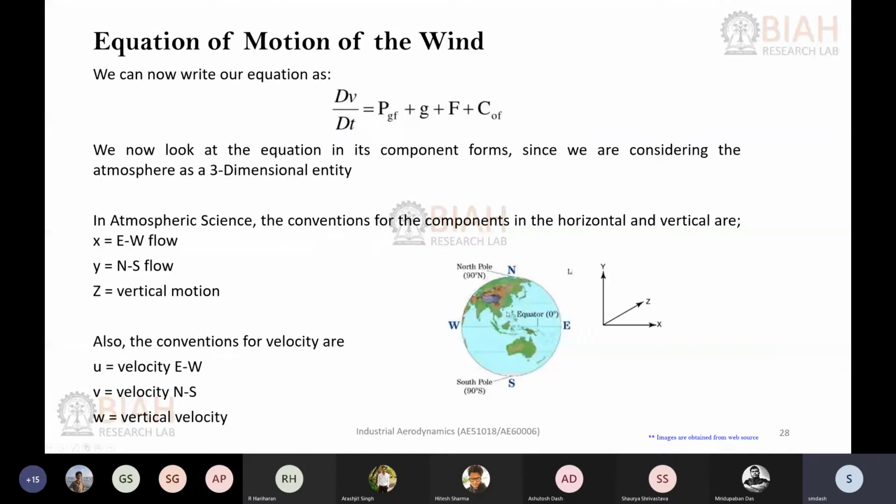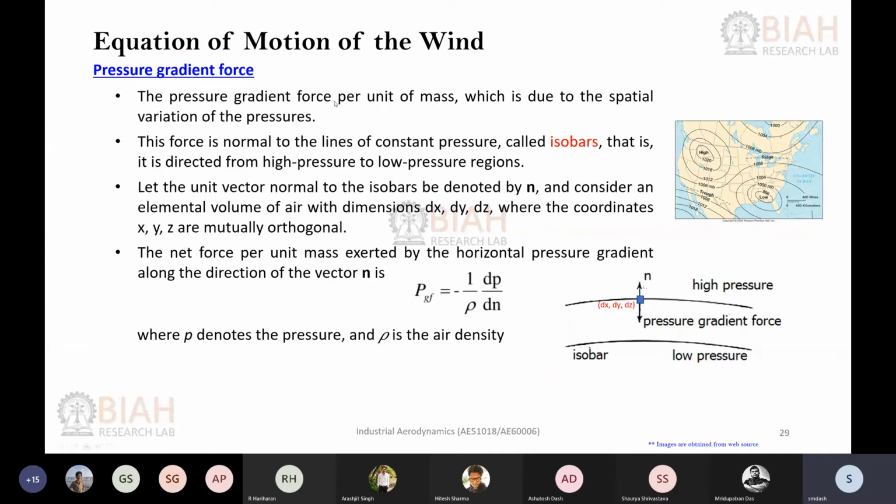Now we have seen in detail the pressure gradient force. So the pressure gradient force acts when there is a high pressure and a low pressure region. So the gradient will always be from high to low. And you can see that this is one of the forces, the pressure gradient force, which actually initiates the motion of the air parcel or air molecule.